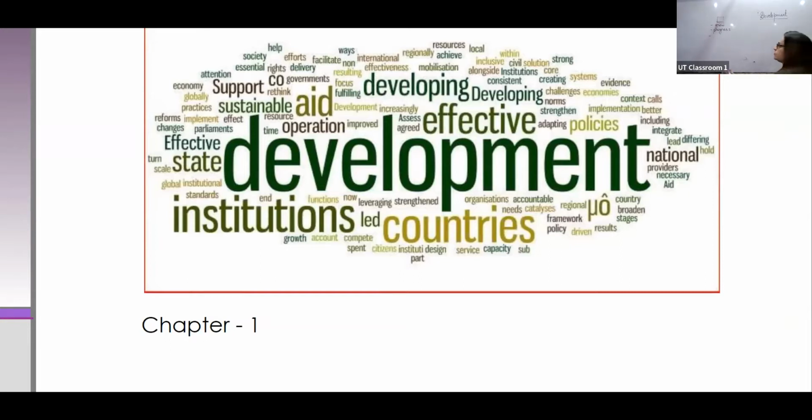Different people, different goals. Just as you have different people, different goals, even where considering the country's development is concerned, you will consider various criteria.